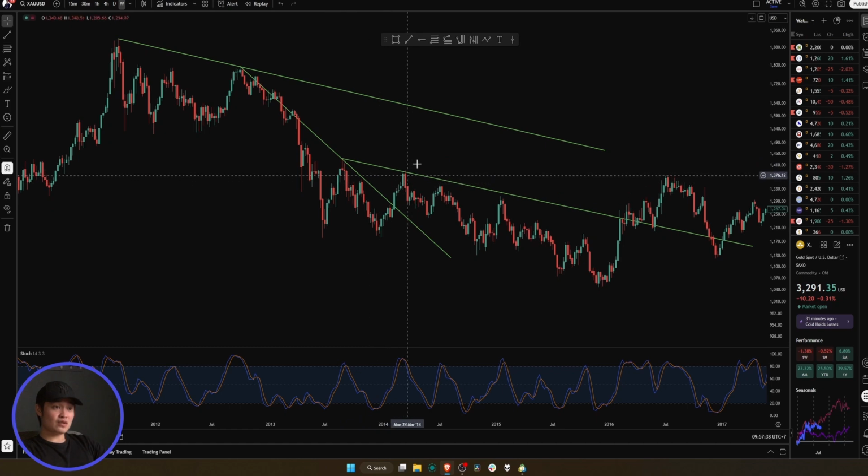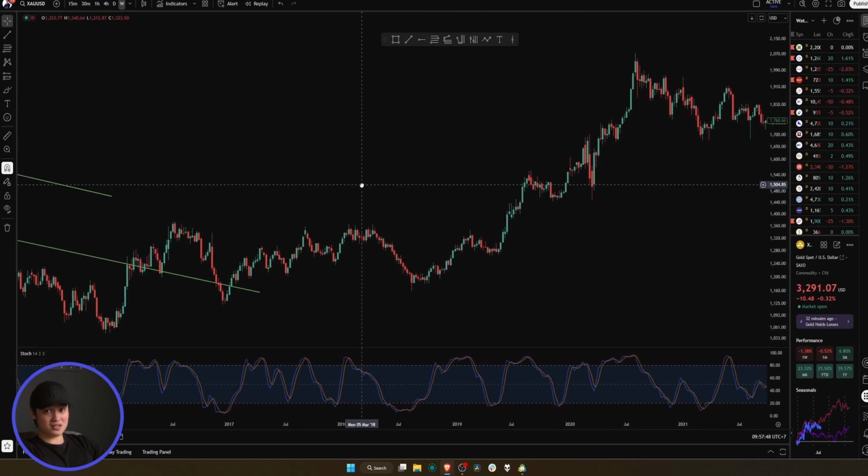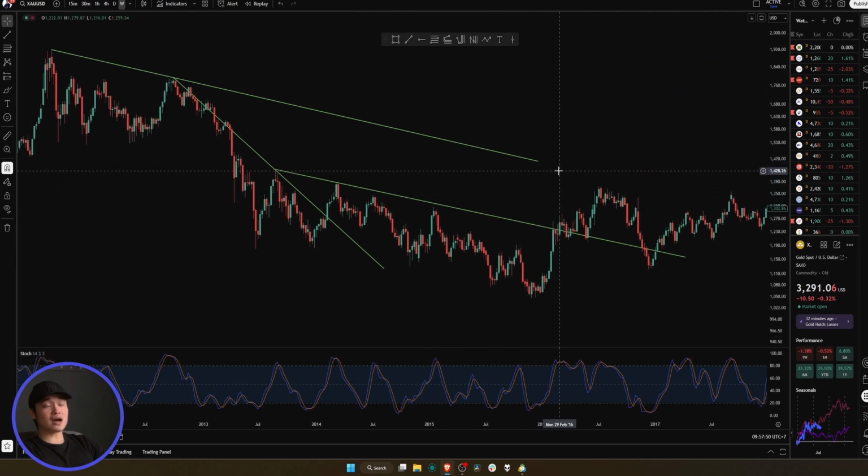Rejecting here, almost rejecting here, and the valid breakout here is our valid trend transition. Look here, see? That's why I'm saying you should only adjust your trend line a maximum of 3 times, not 4, not 5, but a maximum of 3 times.